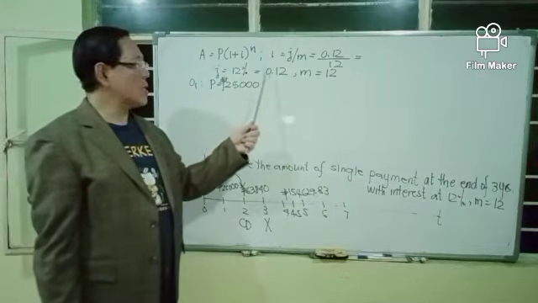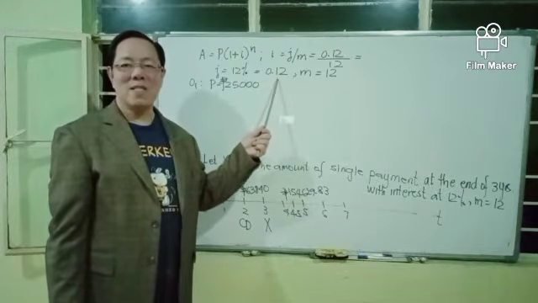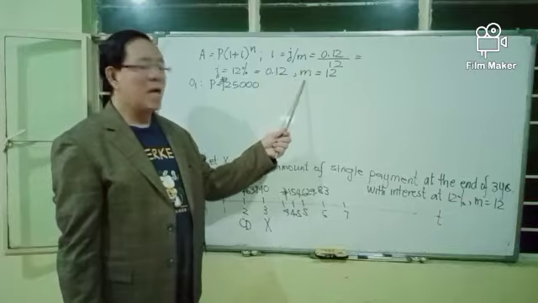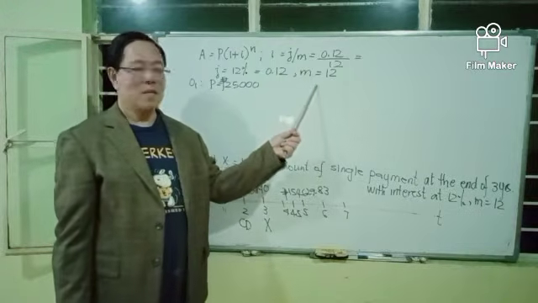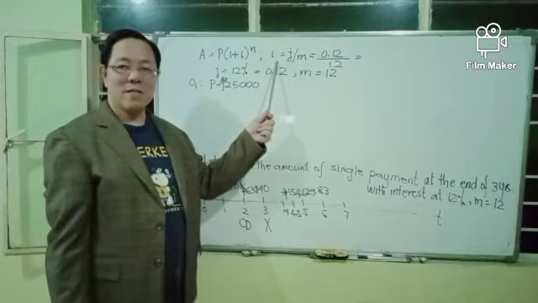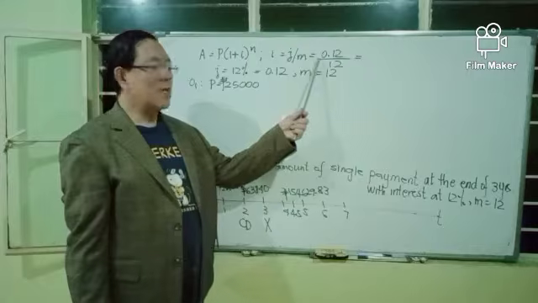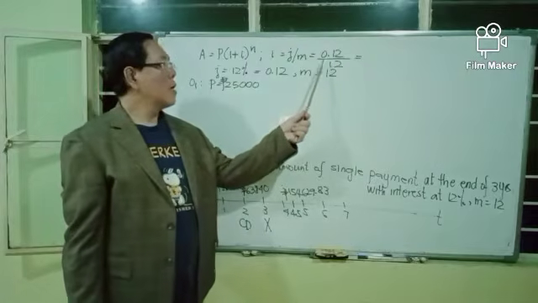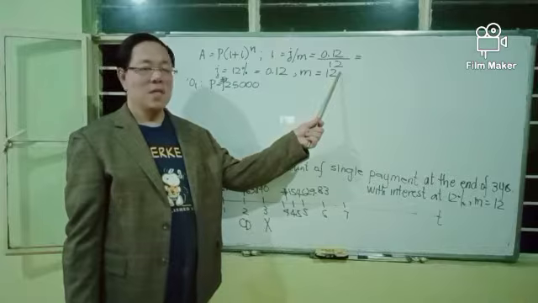Divided by 100 is 0.12. And the compound interest rate of 12% is compounded monthly, which means M is equal to 12. That is, the interest will be computed monthly. Therefore, the interest rate per month is equal to J divided by M, where J in decimal number is 0.12, and M is 12. Interest is computed 12 times in a year.